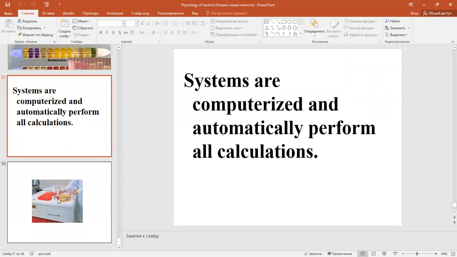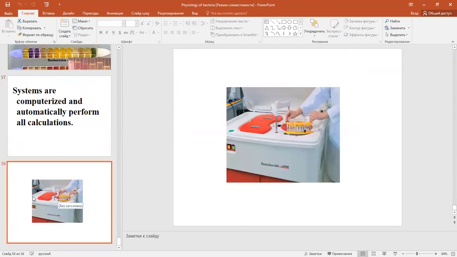What we have to do, we should isolate a pure culture, and then it should be placed in biochemical analyzers, and biochemical properties are detected by this equipment automatically, and then the information goes to the computer, and even identification of bacteria is done automatically. So this is modern equipment.